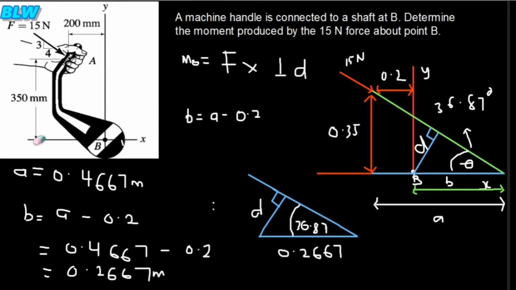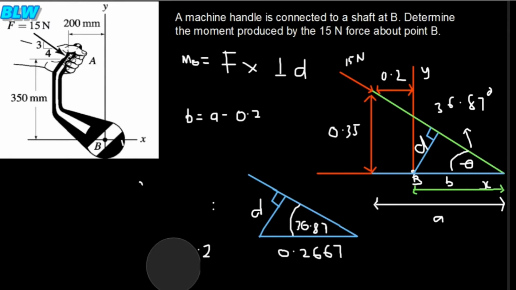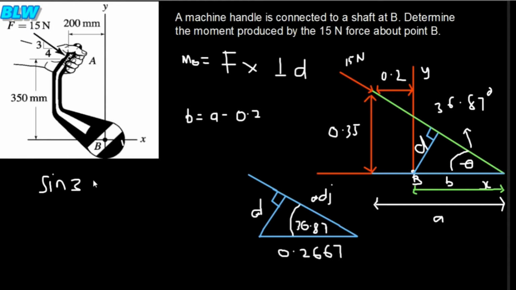So let's go ahead. When you look at this, this side will be the hypotenuse, this will be my opposite, and this will be my adjacent. I now need this D. So this is opposite, this is hypotenuse, so you can use sine. Sine of 36.87 equals the opposite, which is D, over the hypotenuse, which is 0.2667.